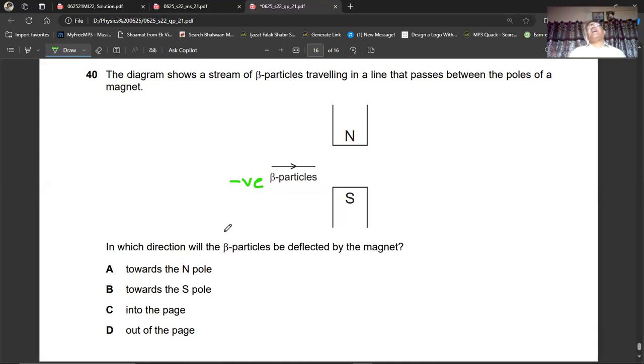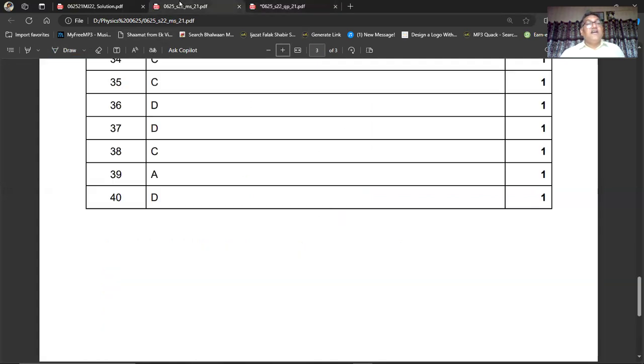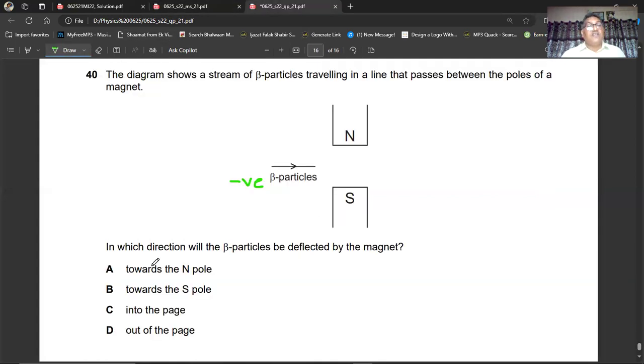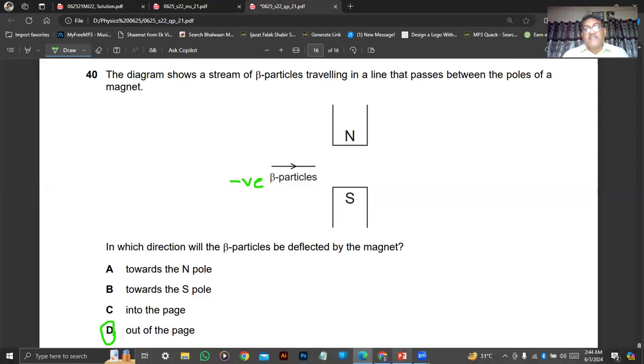So they will deflect opposite to what my left hand thumb is predicting. So negative beta particles will go out of the page. So I think question number 40, D is the right option, sir. I just forgot to write here. I hope you understand what I am saying. Question number 40, D is the right choice, sir.